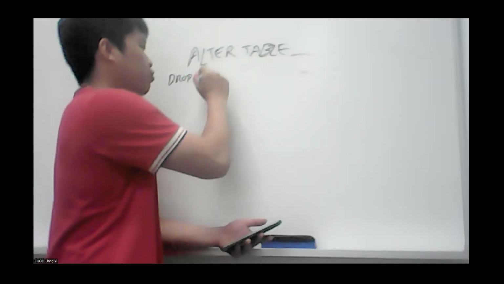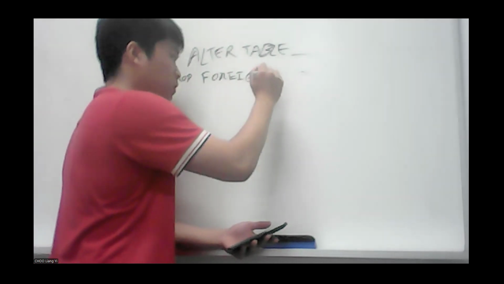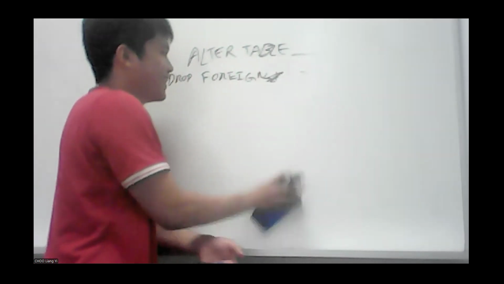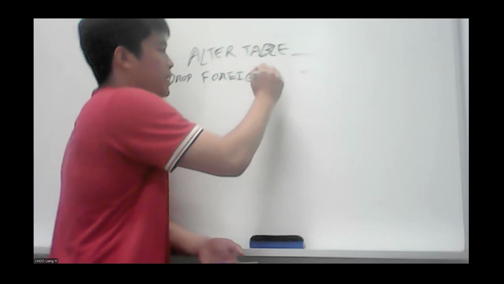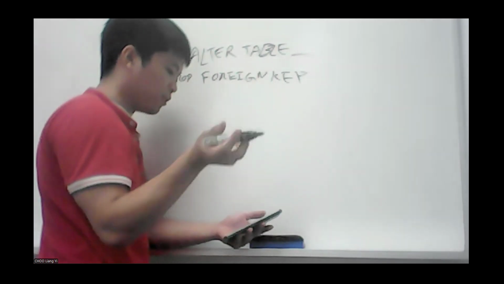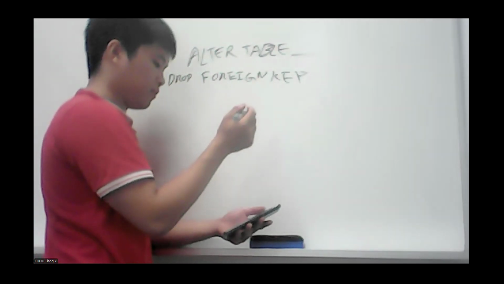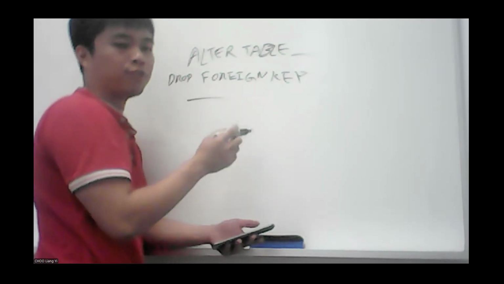So for example, drop foreign key. Understand? Because this is the keyword, it's not your naming, so it has to be spaced: drop foreign key. Then whatever the name of the foreign key constraint is.